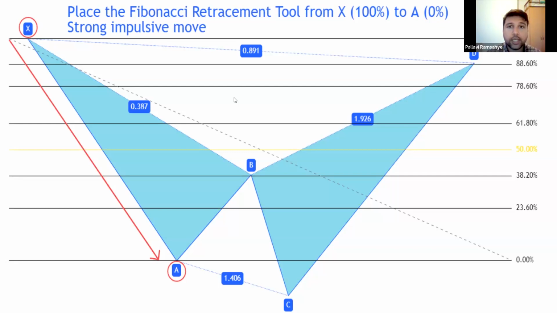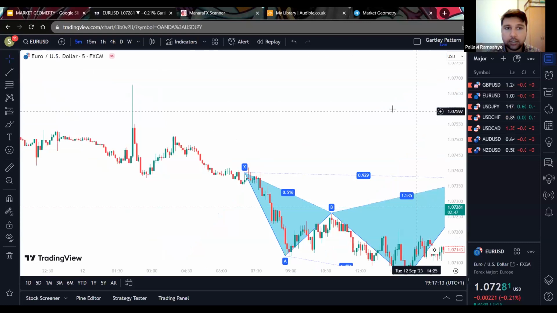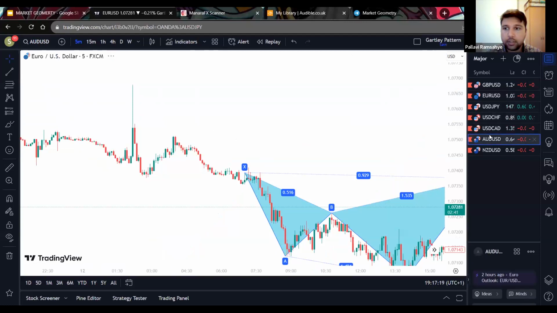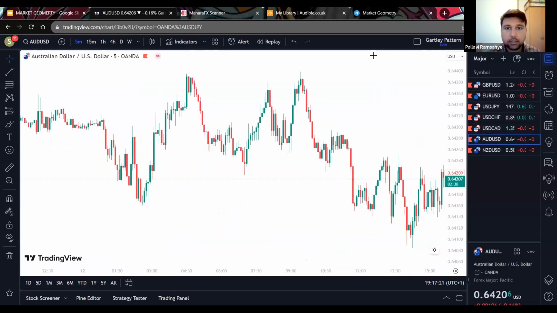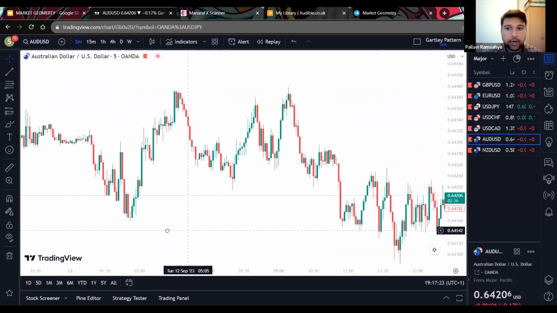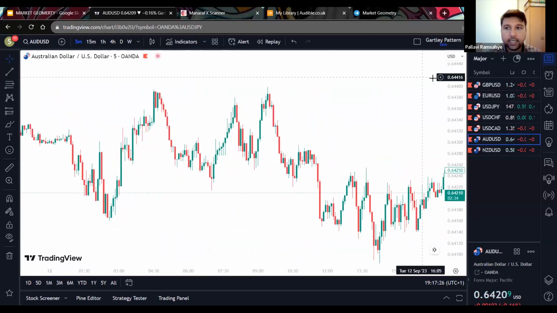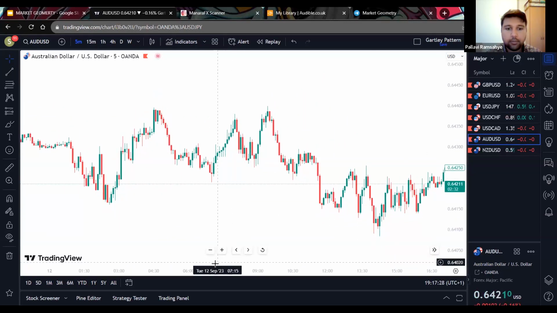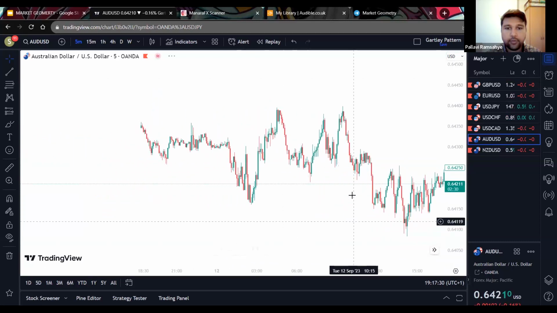What tool are we going to be placing once we've found that price action that we want? So let's go in the chart. I'm going to do something different this week. Let's just go into, I'm just going to quickly save that. Let's go into any random chart. Right. Can anybody find here an impulsive move?